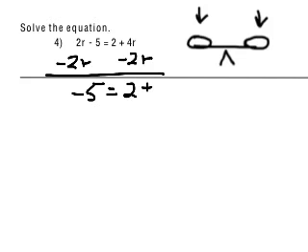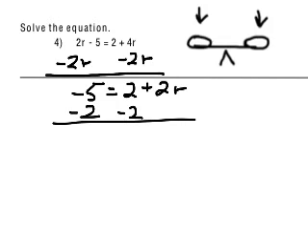On the right I have now 2r. Okay, so now I'm going to put all my constants or my numbers on the left side. To do that, I have to add a -2 to the right side. So if I do that, I have to add a -2 to the left side, and that gives me just 2r on the right side. On the left side, it gives me a -7.